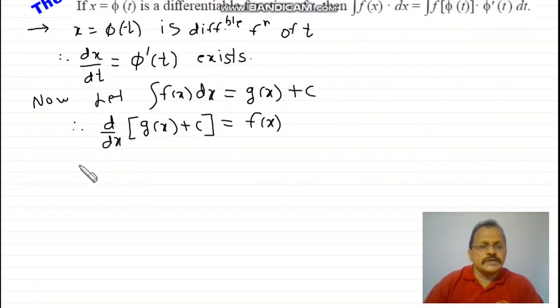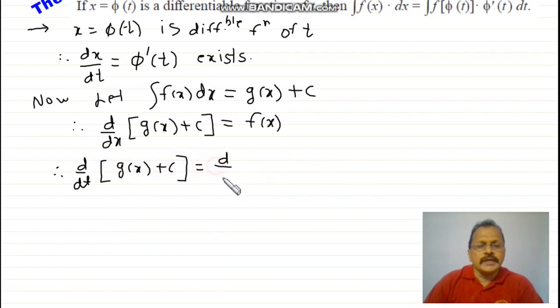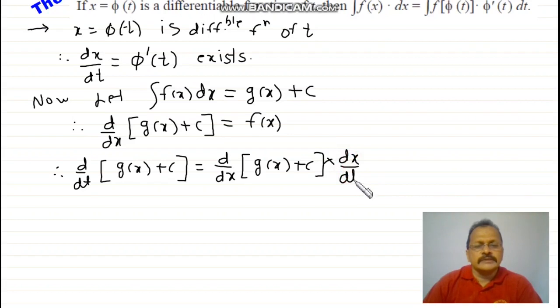Now let us use chain rule. Therefore d by dt of gx plus c is equal to d by dx of gx plus c into dx by dt. This is using chain rule that we have studied in derivative lesson. Now d by dx of gx plus c is fx.